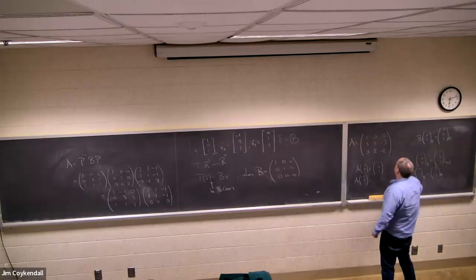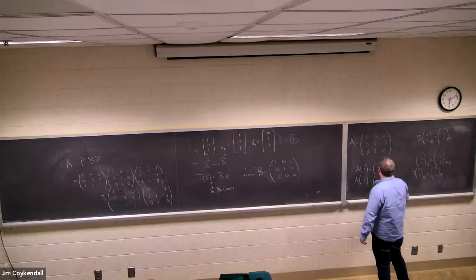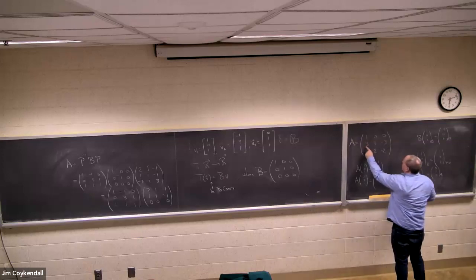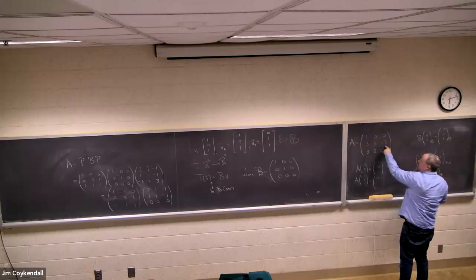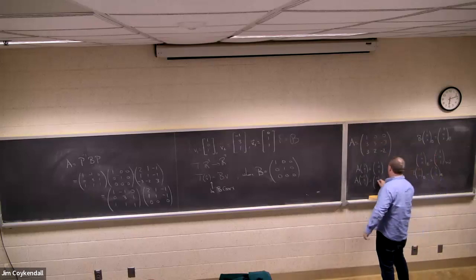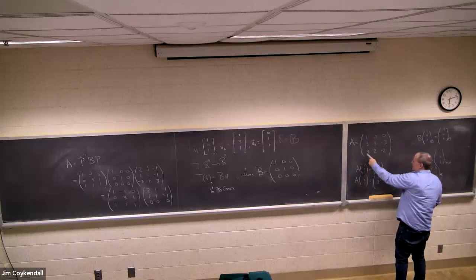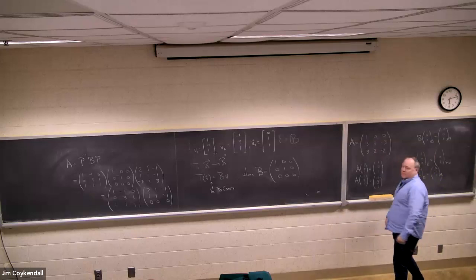When I multiply this, I get minus 1, minus 1 is negative 3 plus 9 is 6 minus 3 is 3, and negative 3 and 6 is 3 minus 2 is 1. How about that?